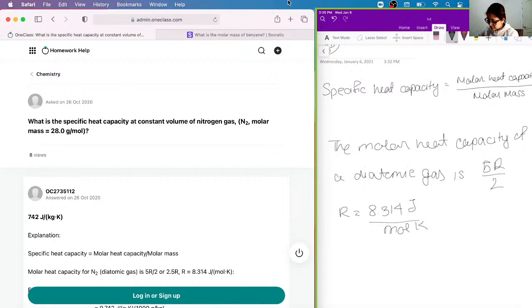Okay, and so what we can do here is calculate the heat capacity for nitrogen gas.